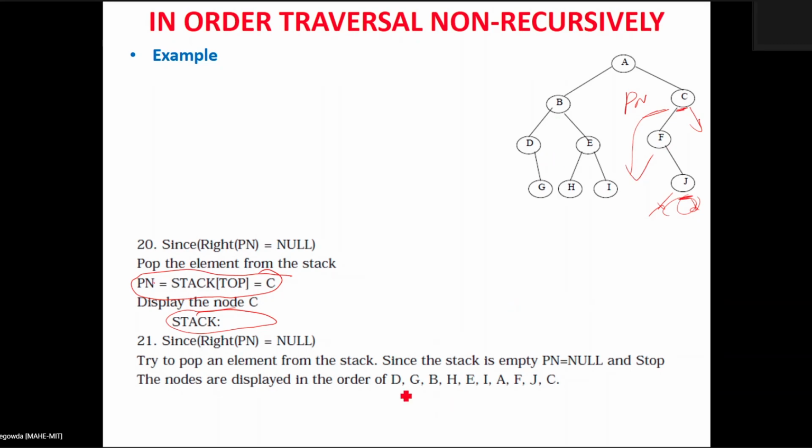At the end of this algorithm, the output for this particular tree will be like this. D will be displayed, then G, then B followed by H, E, I, A, F, and as well the J and C. So this way we are able to visit all the nodes non-recursively.